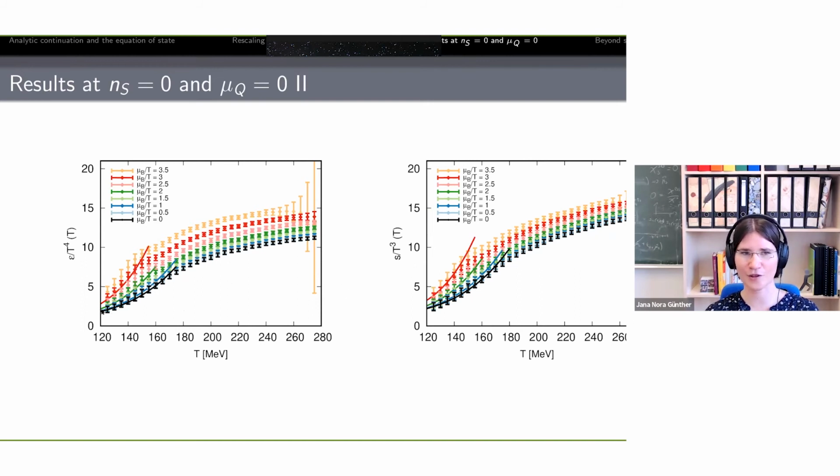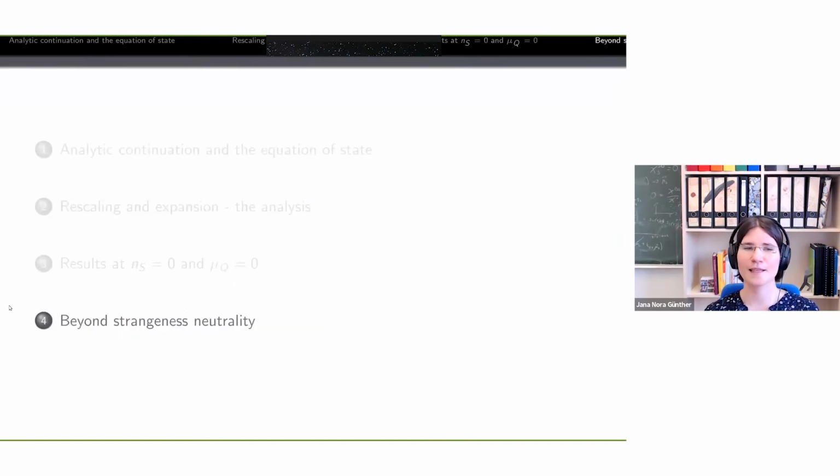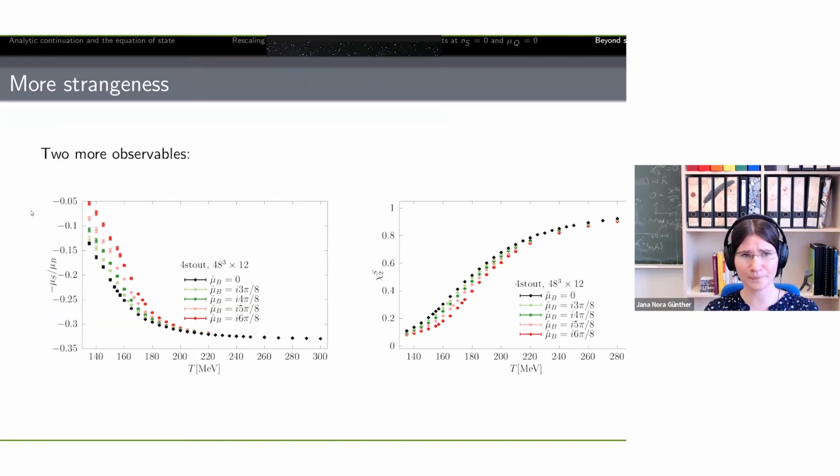And as shown before, we can also calculate other thermodynamic quantities. So, as promised in the beginning, we also want to see what happens a little bit away from the strangeness neutral line. In heavy ion collision experiments, Claudia already brought up the point that this is not always everything homogeneous, and there might be pockets of quark gluon plasma where there is some net strangeness, even though the total strangeness is 0.